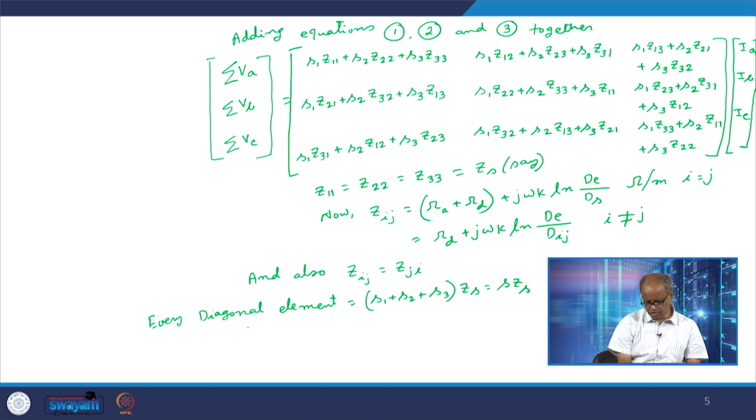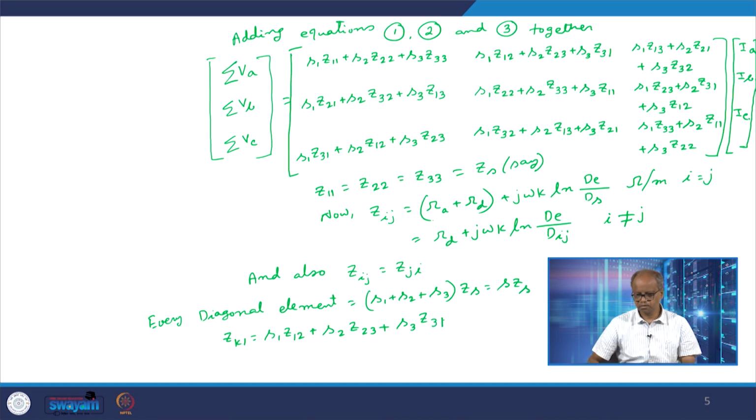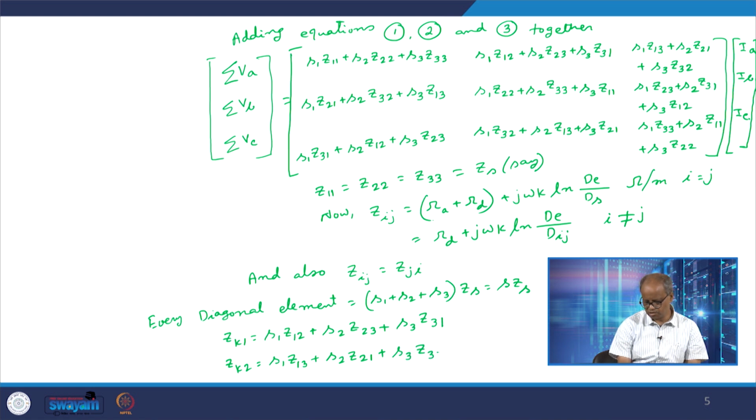And then we define Zk1 is equal to S1 Z12 plus S2 Z23 plus S3 Z31. And then we define Zk2 is equal to S1 into Z13 plus S2 into Z21 plus S3 into Z32.